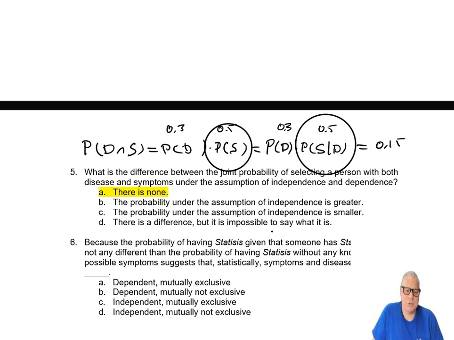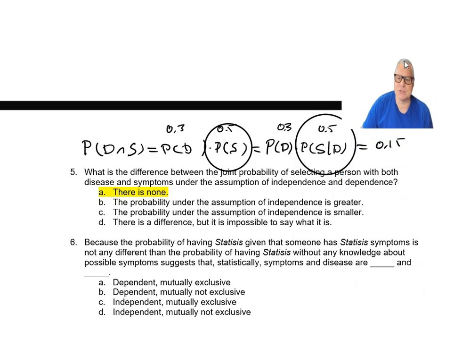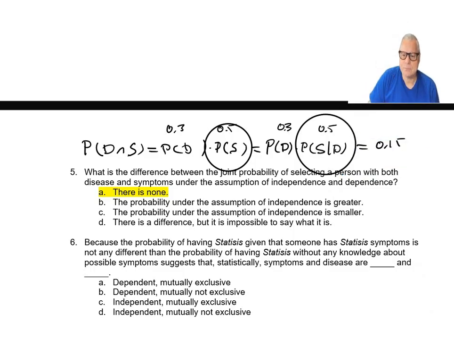Okay, last question. Because the probability of having the disease, given that someone has symptoms, is not any different than the probability of having the disease without any knowledge about possible symptoms, what does it suggest? That the symptoms and disease are blank.